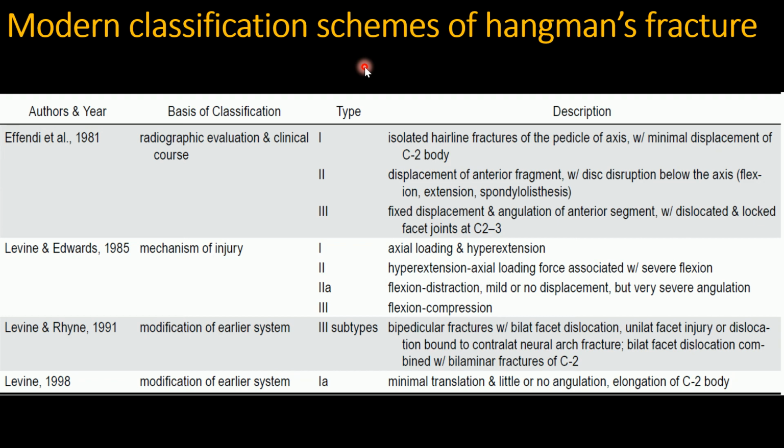Classification is very important and it has a long history, but for the modern classification of Hangman's fractures, we should know some important names. The first is Effendi, and after that Levine's modification of Effendi's classification.